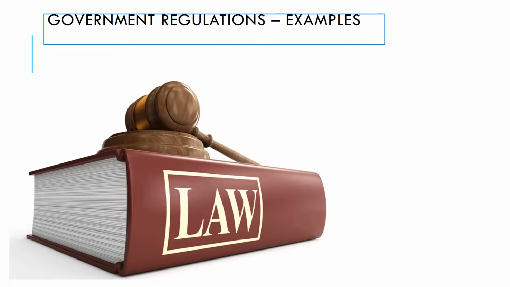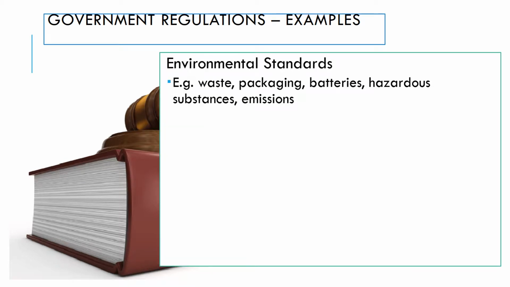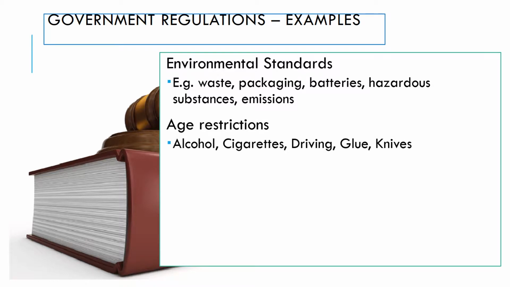Here are some examples of government regulations. Environmental standards to do with the level of waste or packaging, and hazardous substance emissions. The government might produce a regulation that reduces the negative externality associated with damaging the environment. Things like age restrictions are examples of government regulations trying to undo any harmful negative external effects.